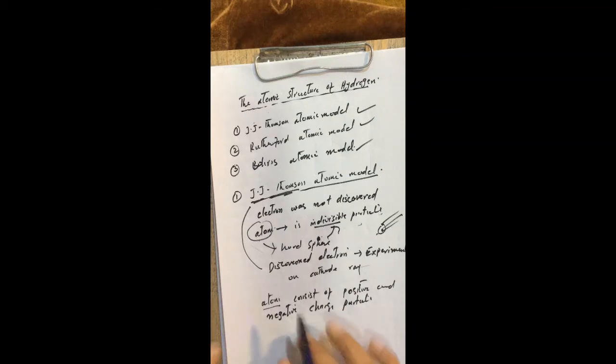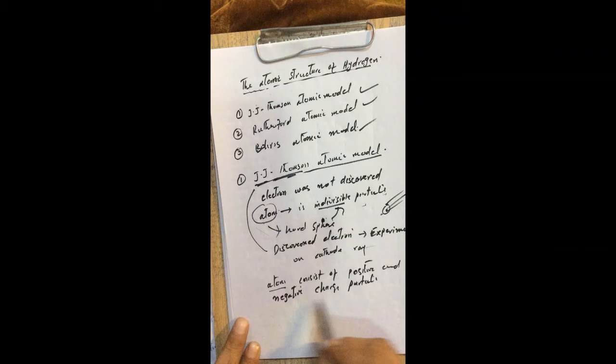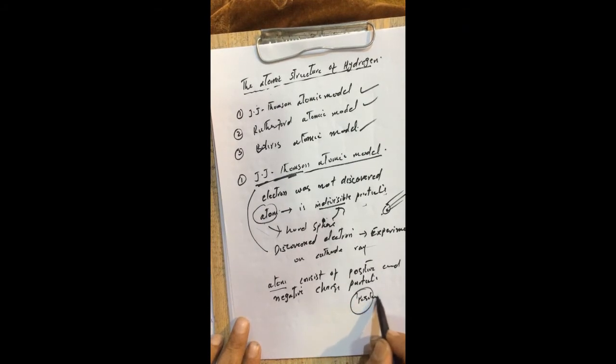Now, how are these negative and positive charges arranged inside the atom? If we have an atom, inside it we have positive charge and negative charge.